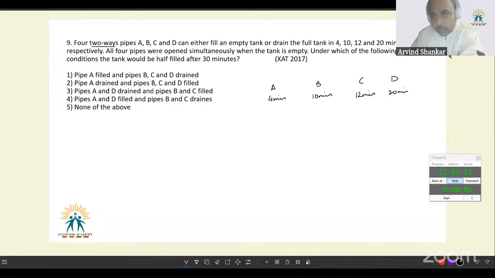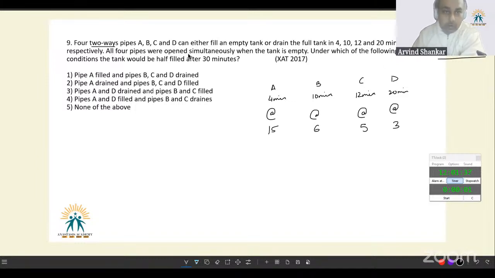Let the total task itself be 60 units. So A works at the rate of 15, B works at the rate of 6, C works at the rate of 5, and D works at the rate of 3. Their individual efficiencies are known if the entire task is assumed to be 60 units.